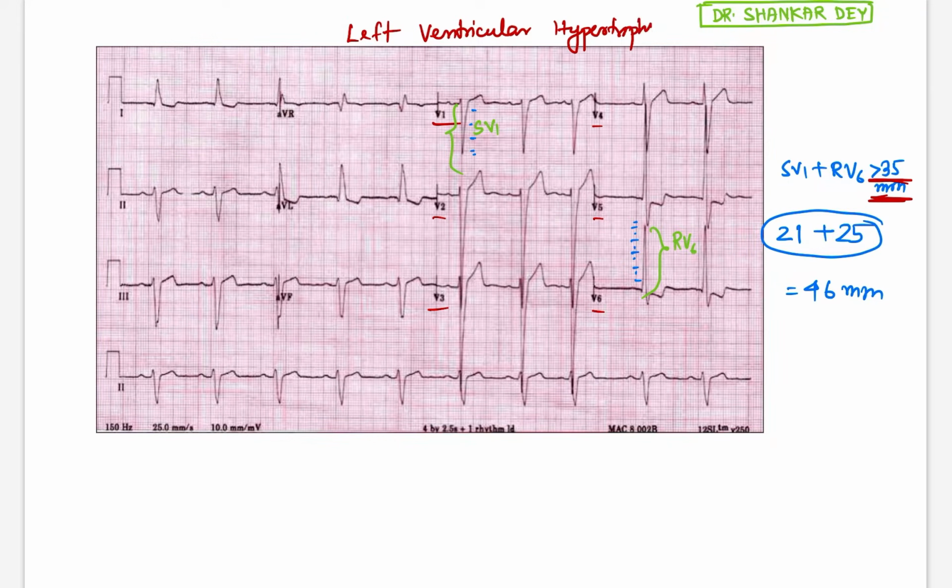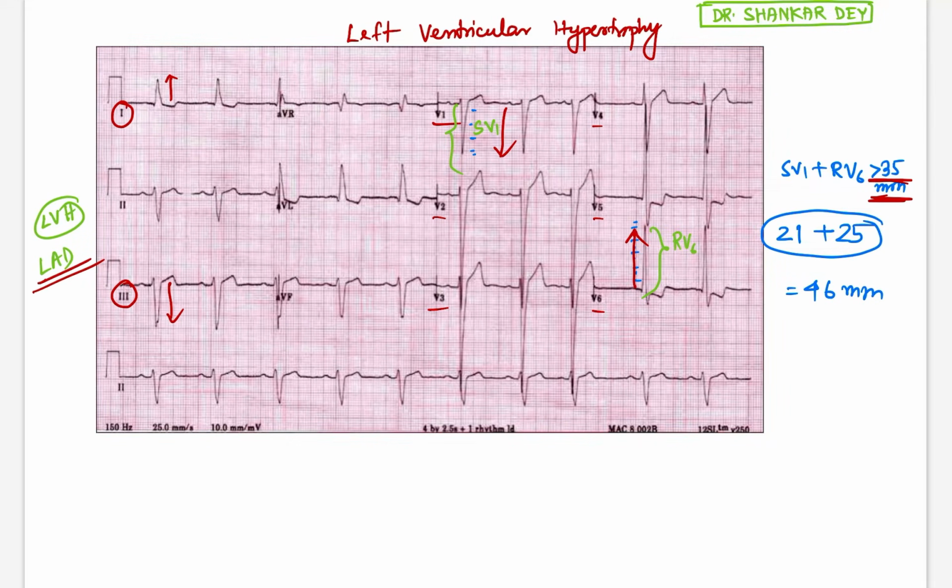So in case of LVH, the height of the S wave increases in V1 and the height of the R wave increases in V6. So this is left ventricular hypertrophy. You can also find, in association with LVH, left axis deviation or LAD. See, this is lead 1 and this is lead 3. The QRS complexes are leaving from each other. So this is left axis deviation.